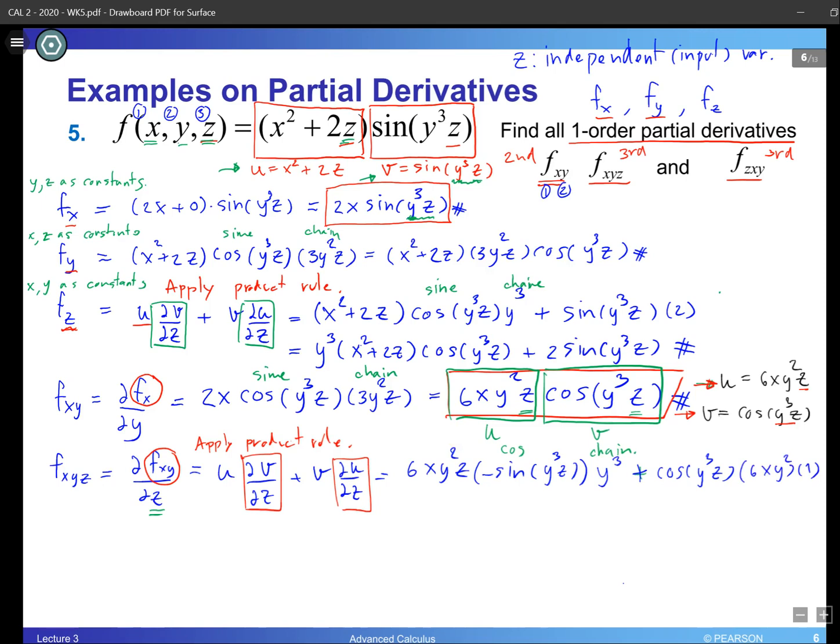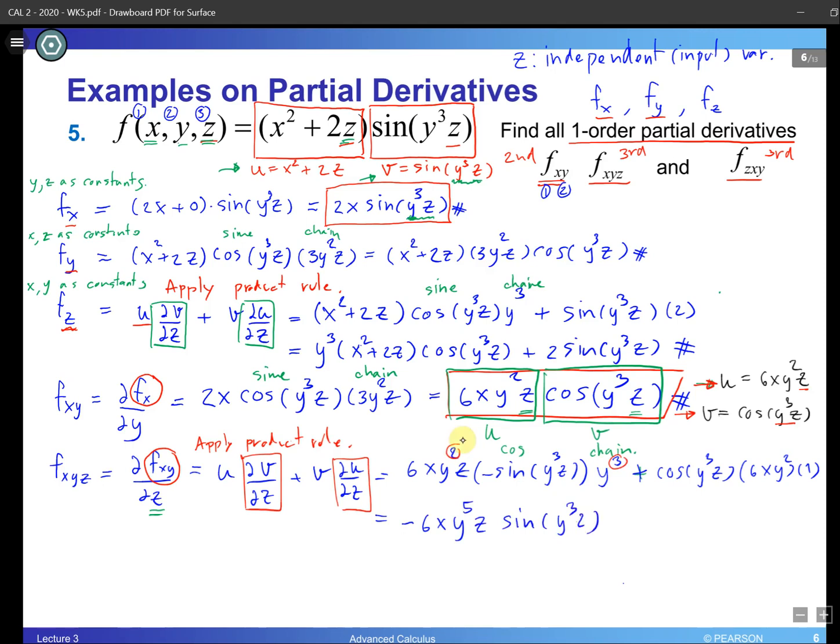Alrighty, so many terms. Let's make it cleaner here and combine them. We have minus 6x y to the power of, we have 2 right here and 3 right here, it has become 5, and z still there, and then we have sine with the inside of y cubed z.